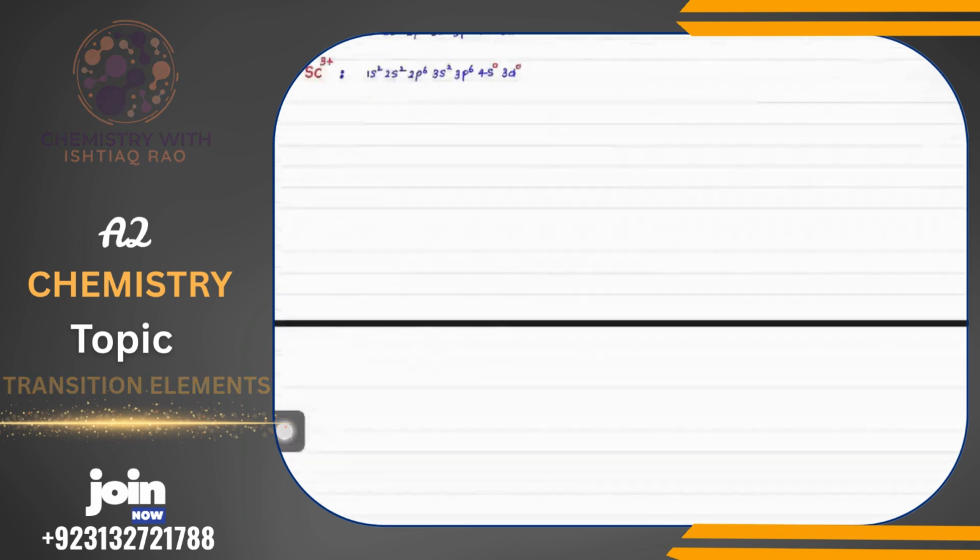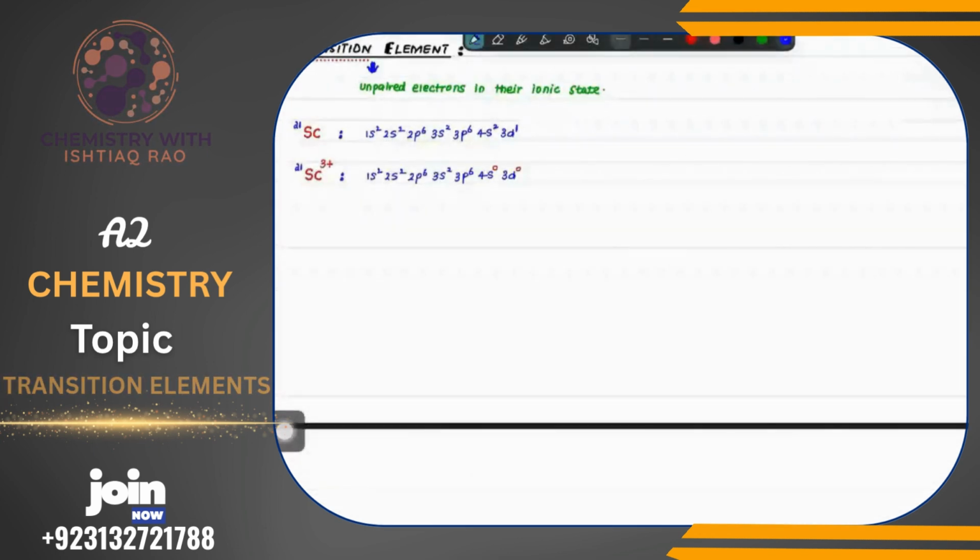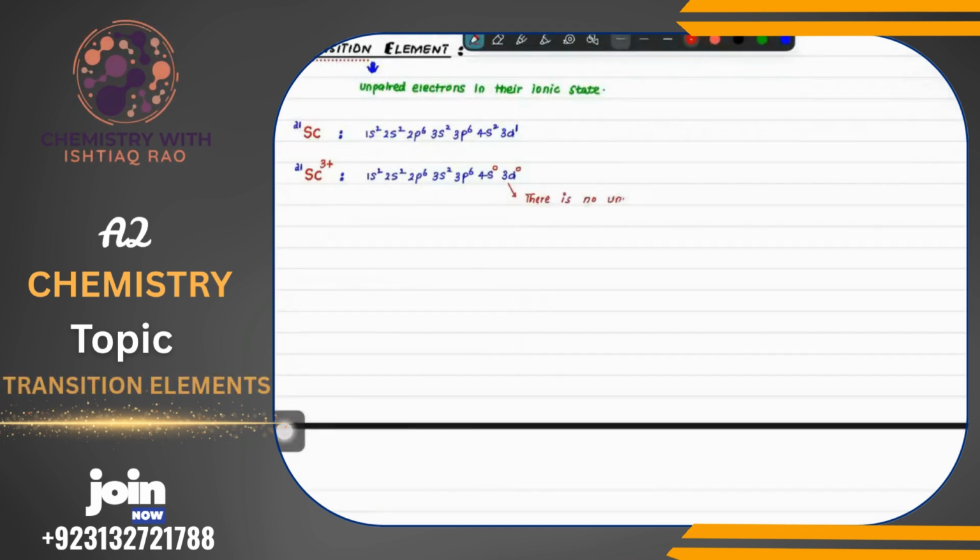You will say no. There is no unpaired electron in 3d. There are no unpaired electrons in the 3d subshell.